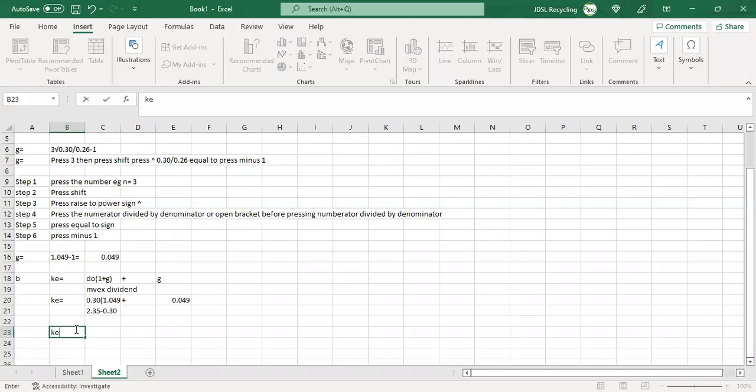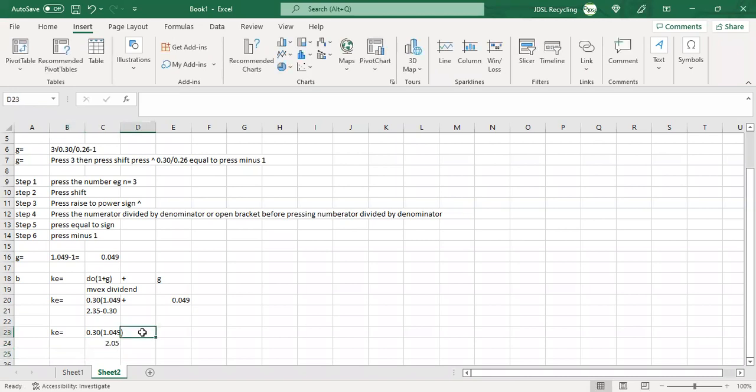Okay. So KE will now be equal to 0.30 into bracket 1.049, we close our bracket, divided by 2.35 minus 0.30, which is 2.05.